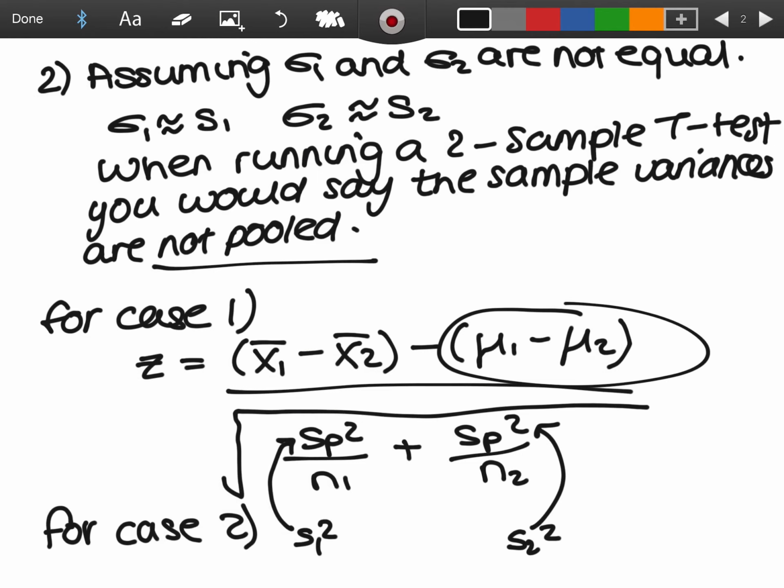So a population standard deviation is estimated by the sample standard deviation. Therefore, the population variance is going to be estimated by the sample variance. Now we're not assuming that they're equal, we are just taking them from the sample data, like we set up here. So if you look back at what we did in 12.1a, we're just assuming that each one of those sigma 1 squared and sigma 2 squared values is now equal to S1 squared and S2 squared, those sample variances instead. That is the only difference.